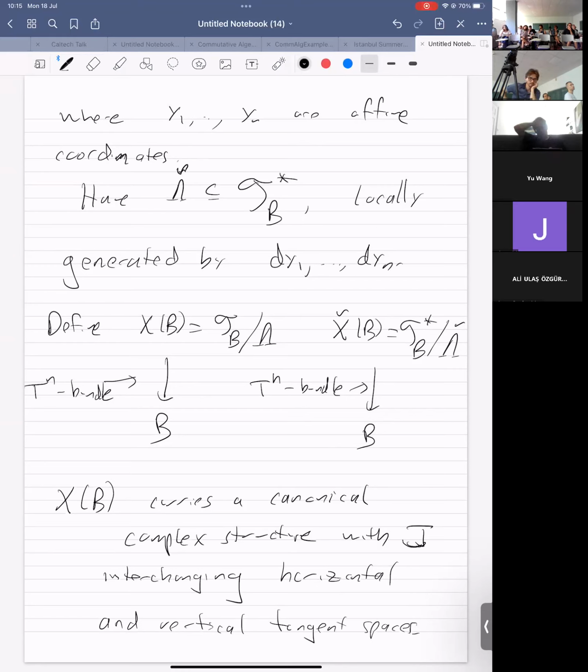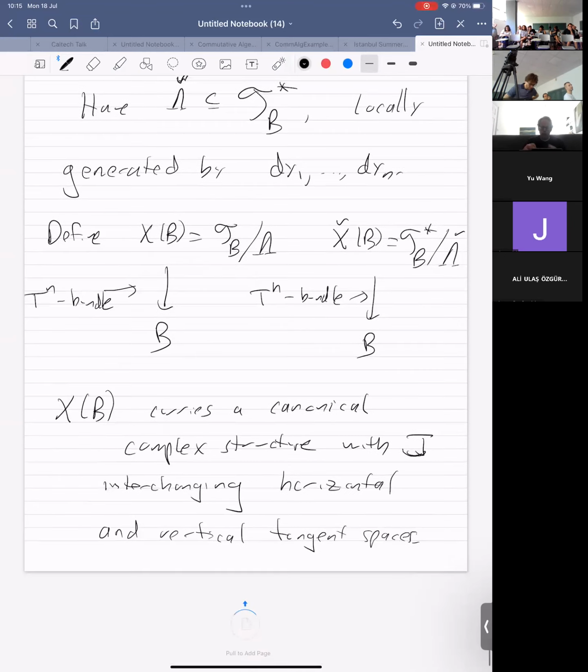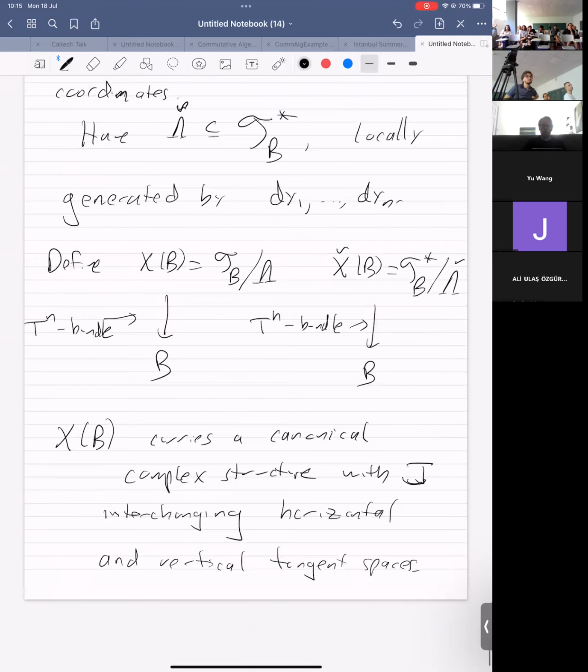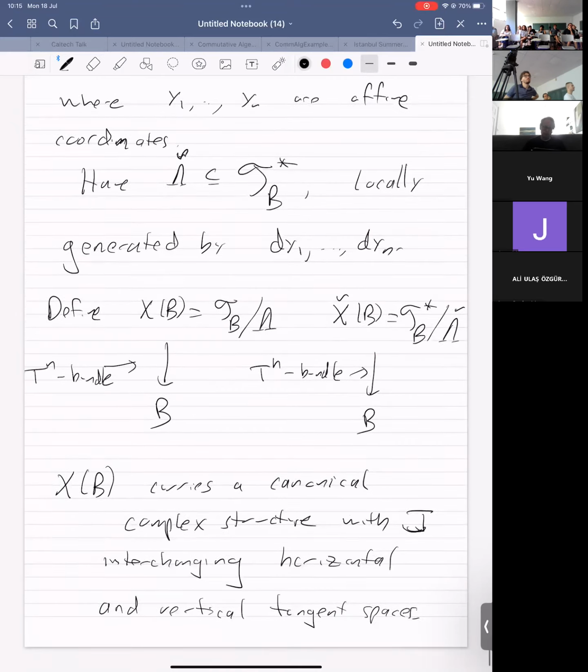Okay, so you have the tangent spaces to the torus fibers. Those are by construction isomorphic to the tangent space to B. And we also have a flat connection on TB given by the local system Lambda, so we have horizontal tangent spaces. Those are canonically isomorphic and interchanged by J with a minus sign to get J squared being minus the identity.